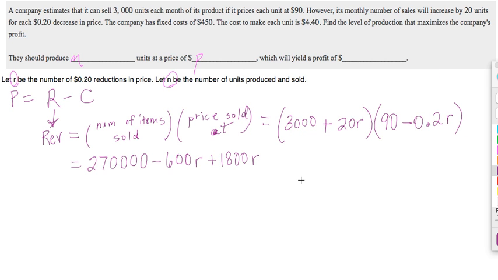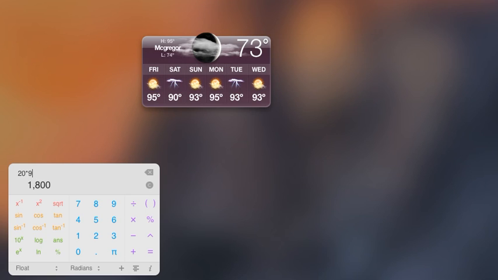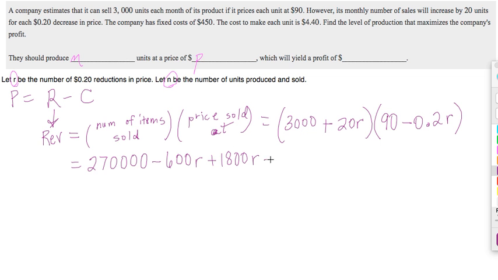And then the last term is 20R times negative 0.2R, which is negative 4R squared. So combining those two middle terms, 1,800 minus 600 is 1,200. Okay, so that is capital R, revenue.